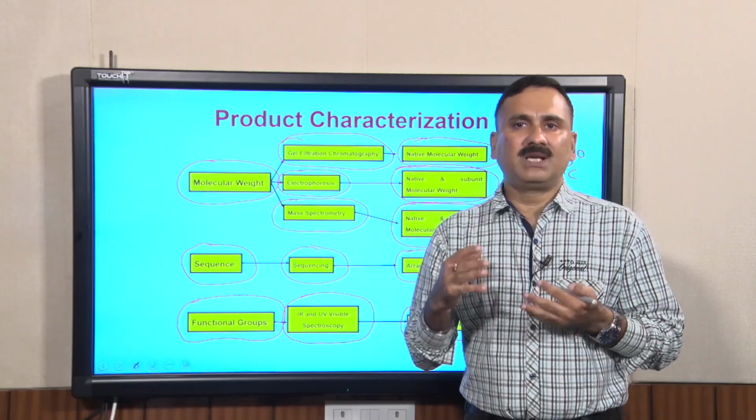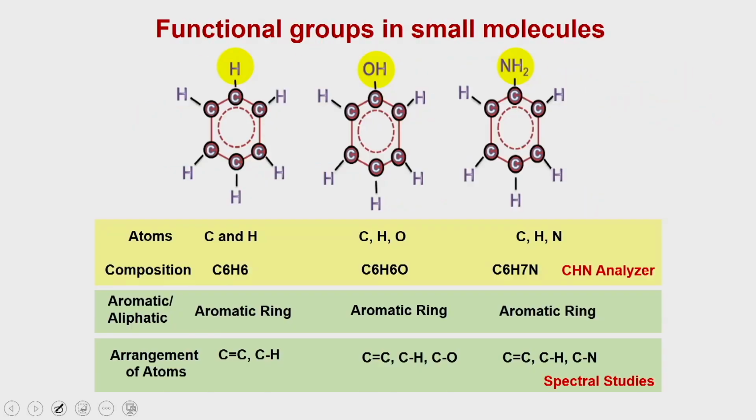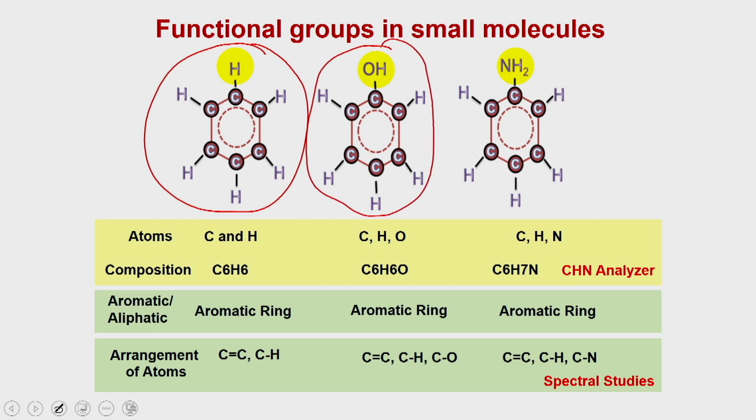For this purpose we have taken three compounds: a simple compound, benzene; another simple compound, phenol; and a third simple compound, aniline. From the structures, which are known, benzene only contains carbon and hydrogen, phenol contains carbon, hydrogen and oxygen, and aniline contains carbon, hydrogen and nitrogen.